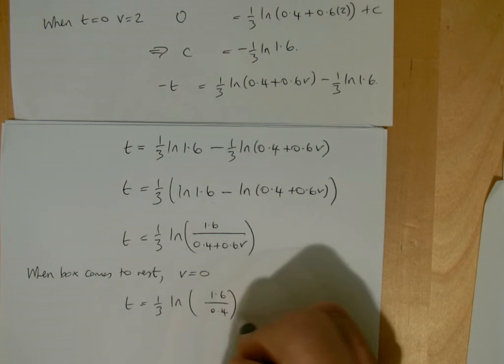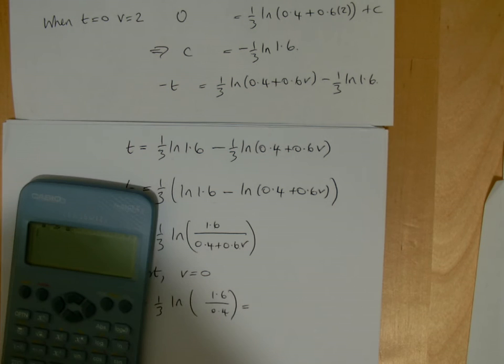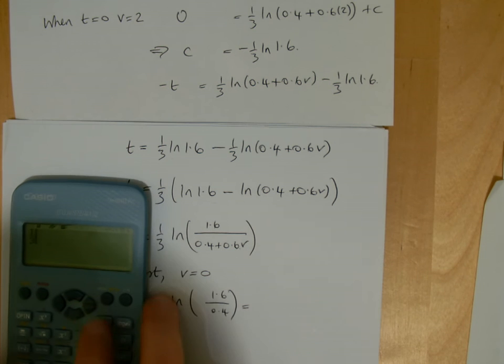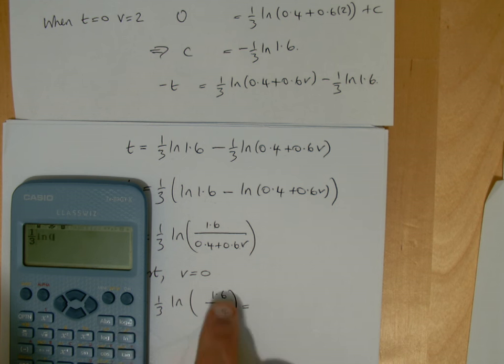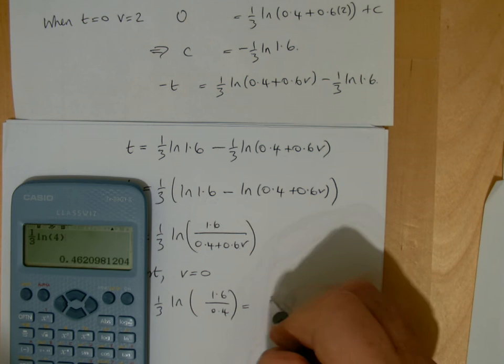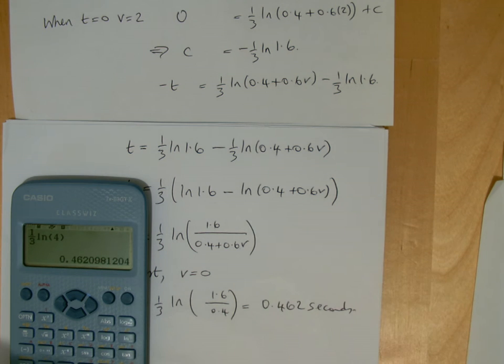On your calculator, you can type in 1/3 ln, and 1.6 divided by 0.4 is actually 4, isn't it? And I get 0.462 seconds. So not very long. Put 3 decimal places there, that kind of makes sense with our solution here.